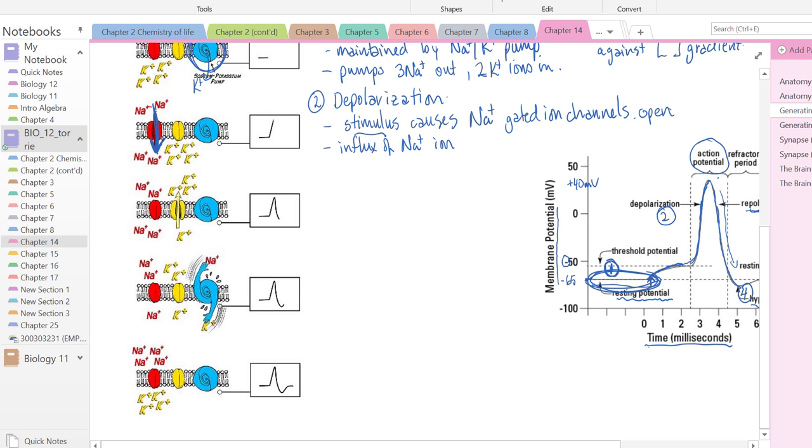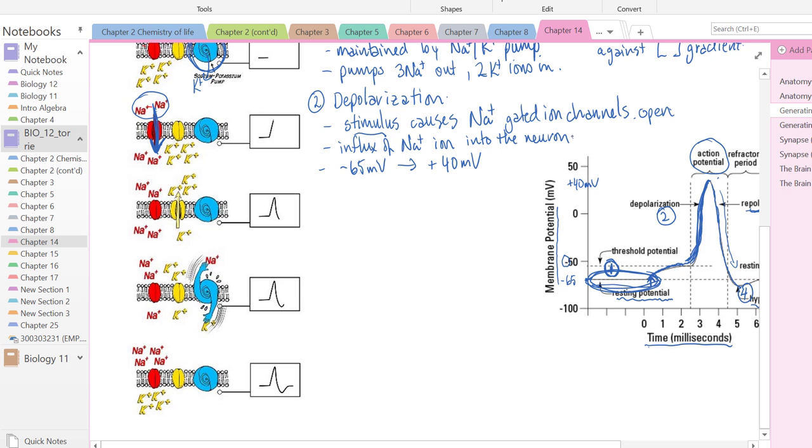This positive charge traveling into the neuron causes the membrane potential to go from minus 70, let's say minus 65 millivolts, to plus 40 millivolts, as the influx of sodium ions goes into the neuron.